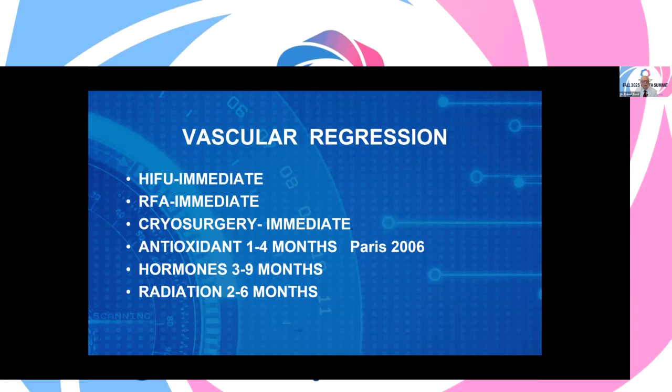Now, we tried to do other things. Of course, we were looking at radiation therapy, and this took time. Hormones take usually a little longer time. We did try something in France. There was a study using antioxidants because herbs heal. Do they treat?